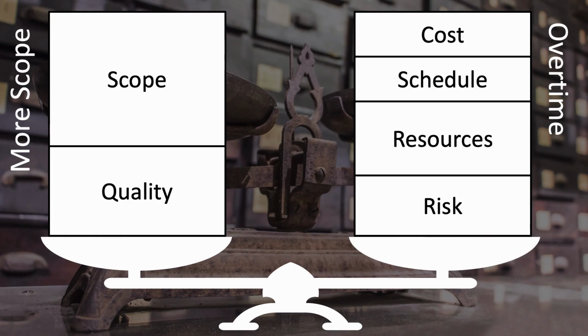You're also putting more pressure on your team members. So you're increasing the chance of burnout, of people becoming disaffected, or people losing motivation, or people getting sick and needing some time off. These are all increased risks that you need to consider as you make these kinds of changes to your project.